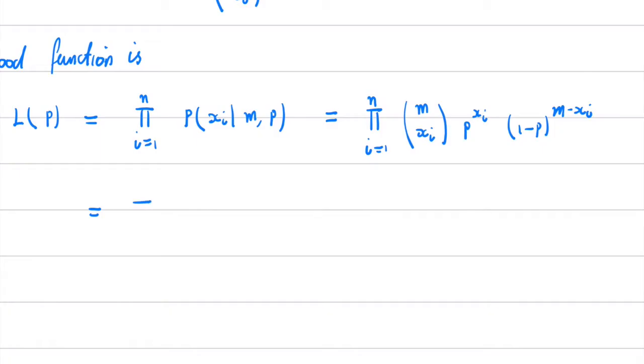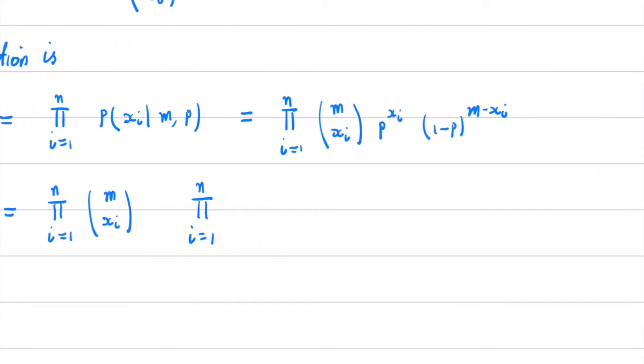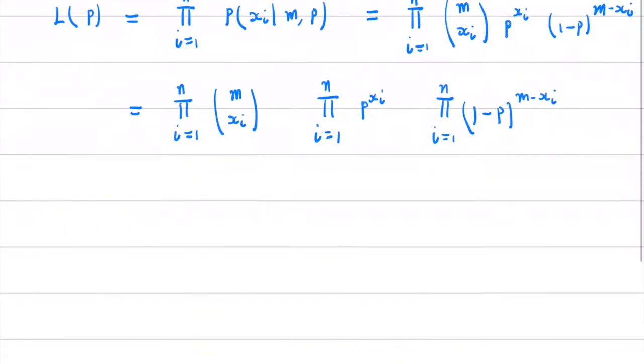I'm going to split it up: the product i equals 1 to n of m choose xi, that's the first part. Then the product i equals 1 to n of p to the xi's. And finally one more part, the product i equals 1 to n of 1 minus p to the m minus xi's.